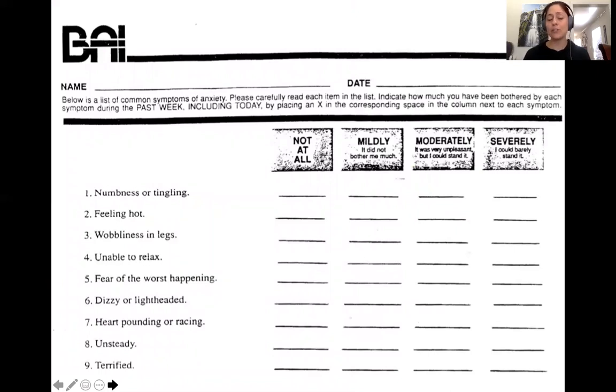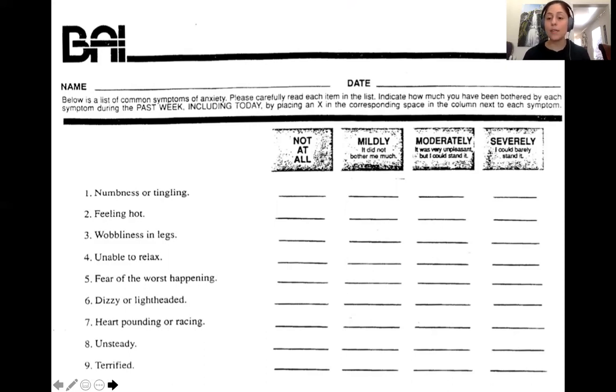So the Beck Anxiety Inventory is a 21-question self-report measure that assesses for the common symptoms of anxiety, such as feeling fear for the worst happening, as well as common panic attack symptoms like heart racing, feeling unsteady, terrified, and so on. Each response that the client provides is assigned a score. They don't show the scores on here, though, as you can see.